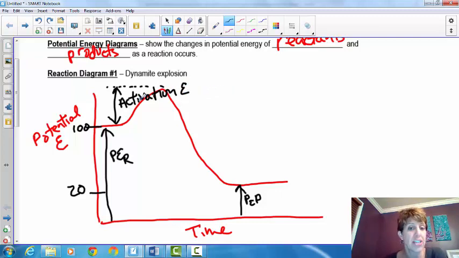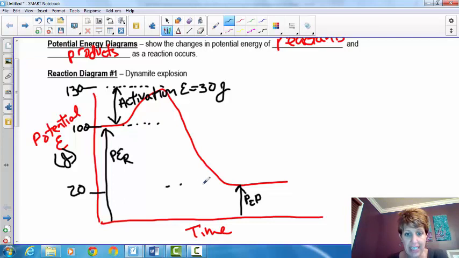So in order for the reaction to start, it had to go from 100, let's say that it went up here to 130. My activation energy would be equal to 30 joules if that was my value over here for each of these. We'll say my potential energy in joules.